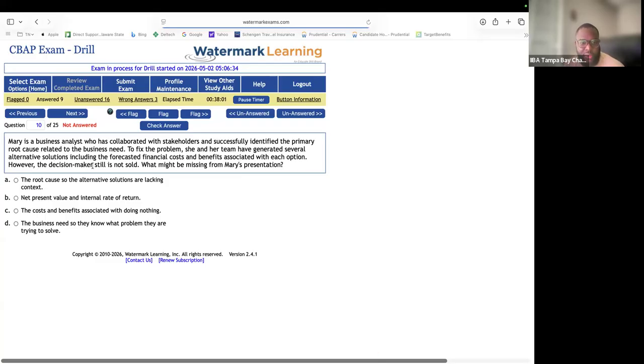However, the decision maker still is not sold. What might be missing from Mary's presentation? A. The root cause, so the alternative solutions are lacking context. B. Net present value and internal rate of return. C. The cost and benefit associated with doing nothing. D. The business need, so they know what problem they are trying to solve.